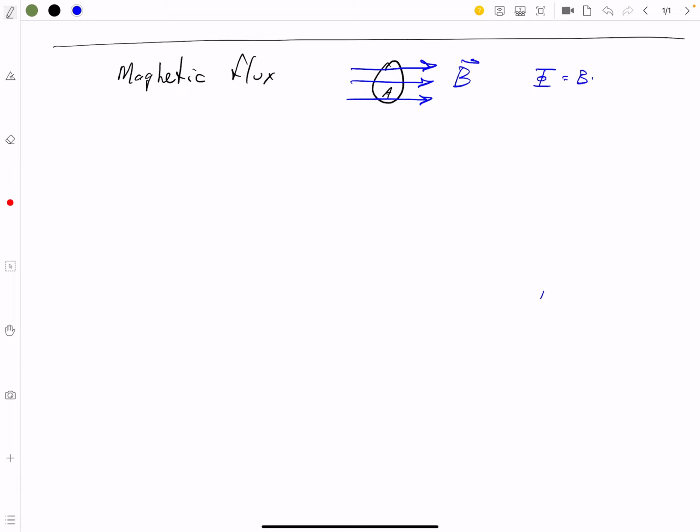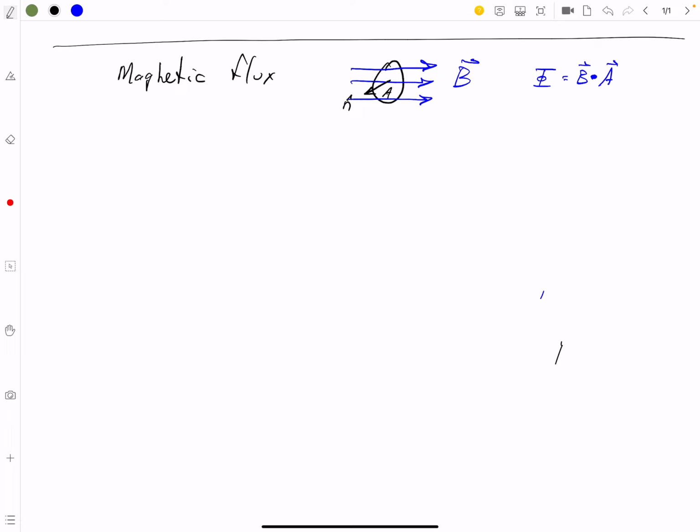We talked about magnetic flux a lot. I'm going to do it again. Here's some area A. We've got a field going through that area A. This is our B field. So our magnetic flux is the B field dot the A. Maybe it has a little bit different direction than you would think.